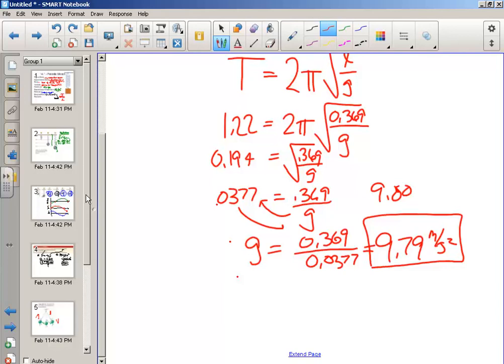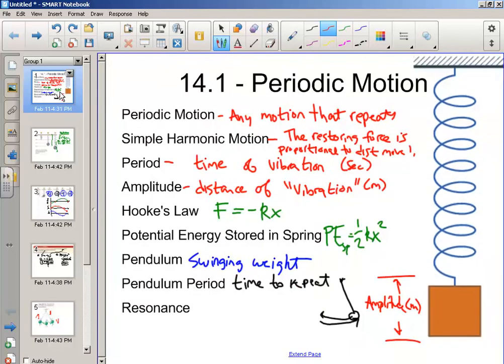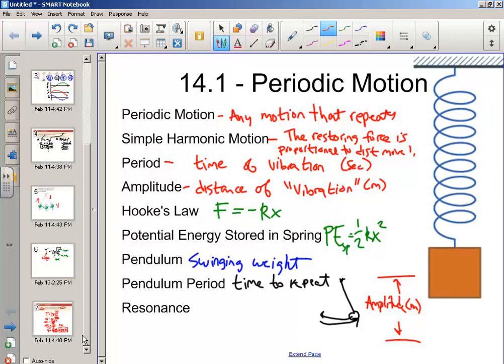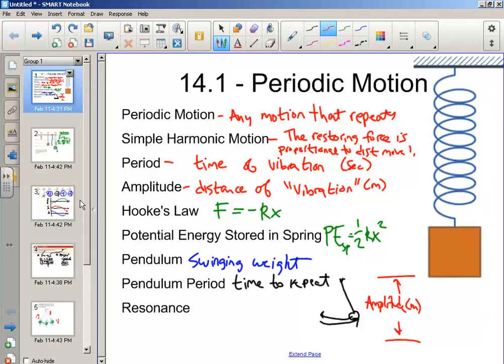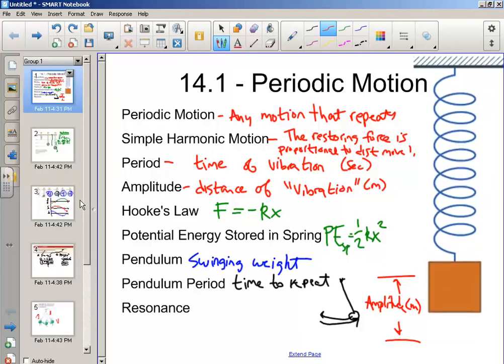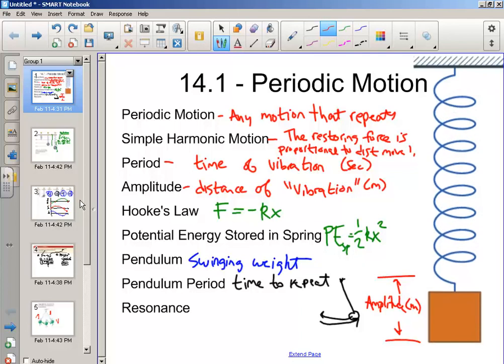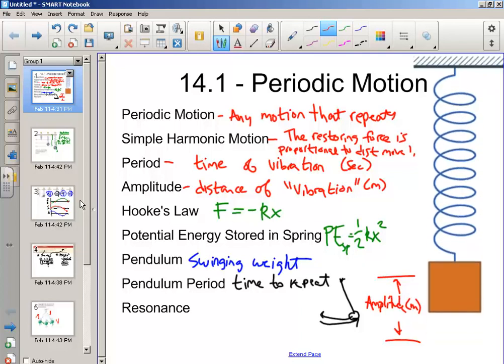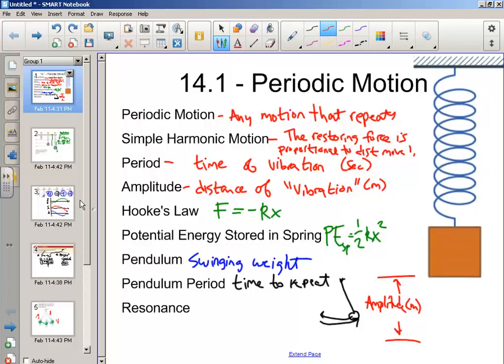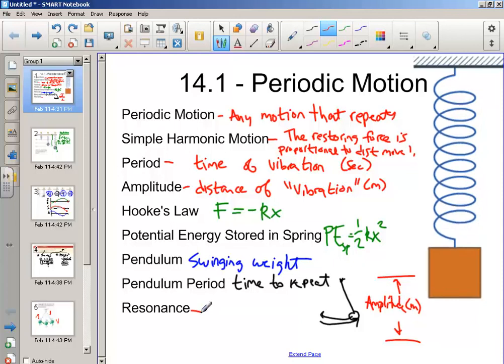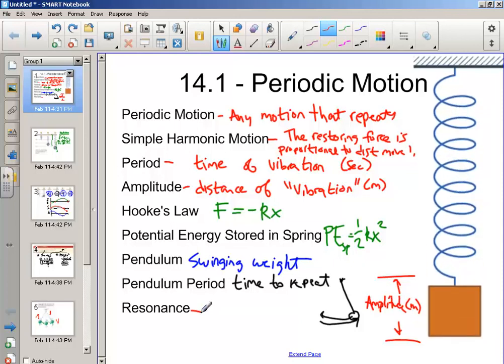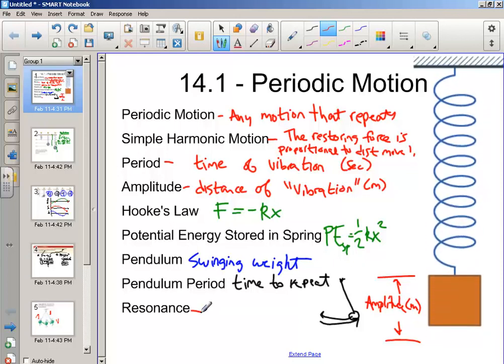All right. So that kind of summarizes everything that is called periodic motion. Motion that repeats itself. So springs bobbing up and down, pulling on a spring, pendulum swinging back and forth. Now the last thing I wanted to touch on briefly is resonance. Resonance is when you push on something that's periodic at the right time.